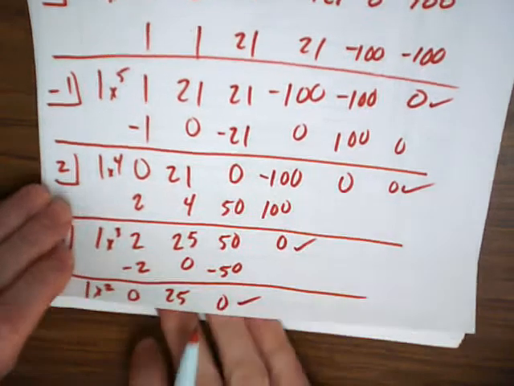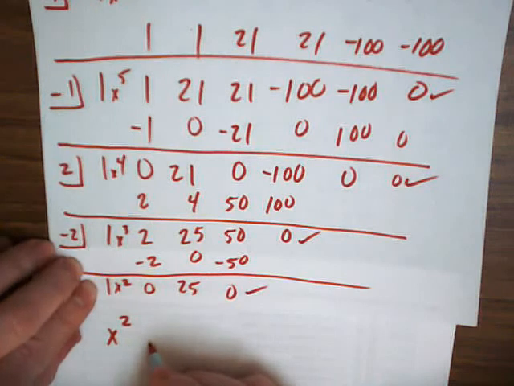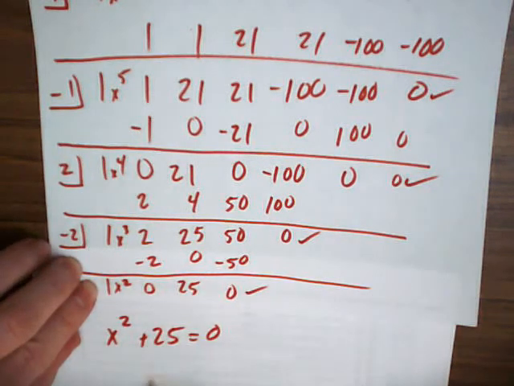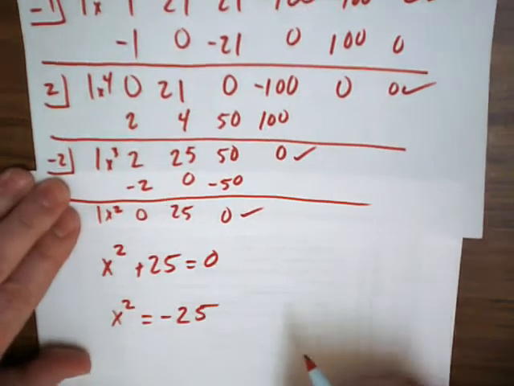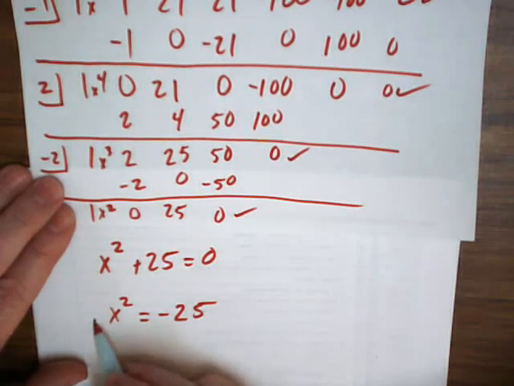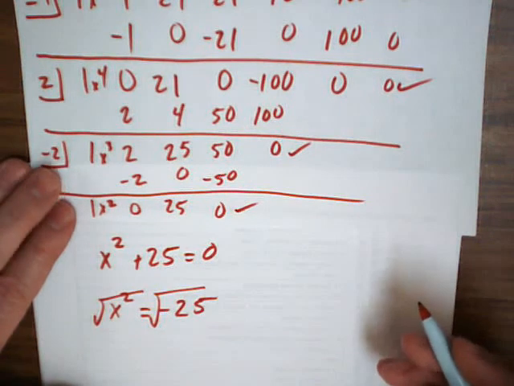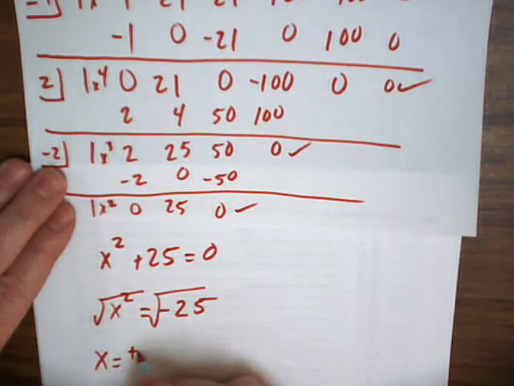So what we can do now is say that x squared plus 25 equals 0. So move the 25 over, but it's going to be negative, isn't it? And that's why we couldn't see them, because when I take a square root, that's going to be i's, isn't it? So plus or minus.